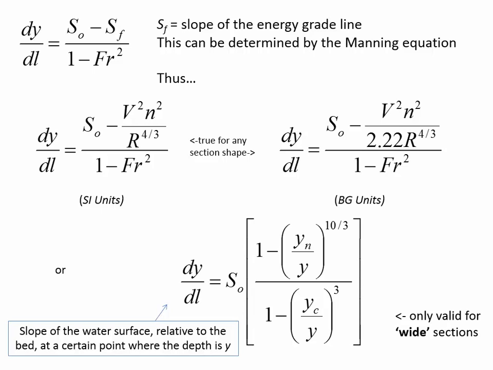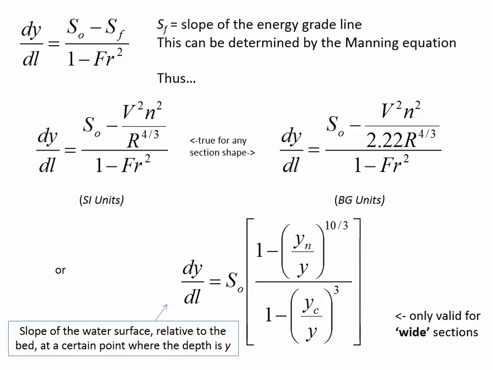But do you remember when we talked about wide before? How wide is wide? What's the criteria for how wide is wide? 20 times. Yeah, so here's our depth and here's our channel width. What we want to see for a channel to be wide is that B is more than 20y.